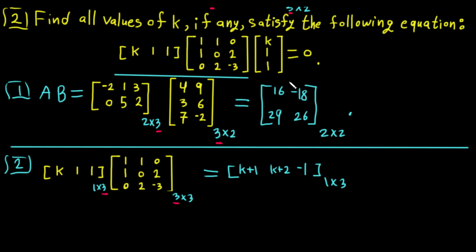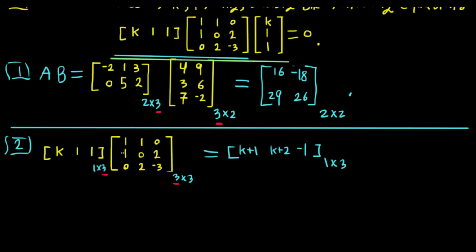Now we will multiply the whole thing. So I will copy this result and then I will copy this one. Now we have the left hand side of the equation, this one multiplying by this one.